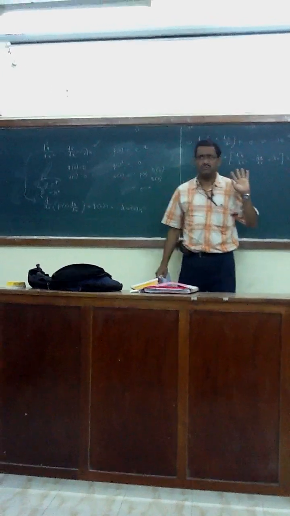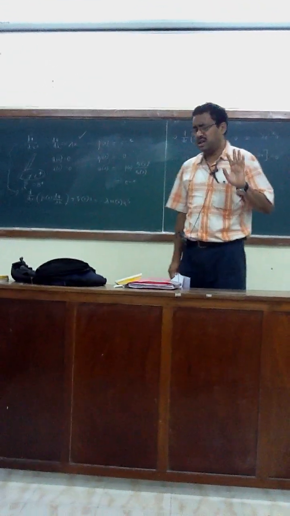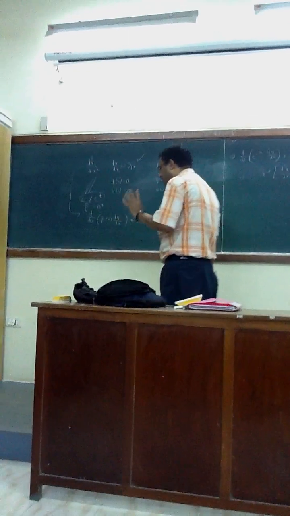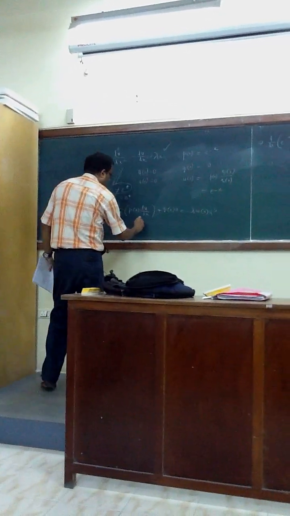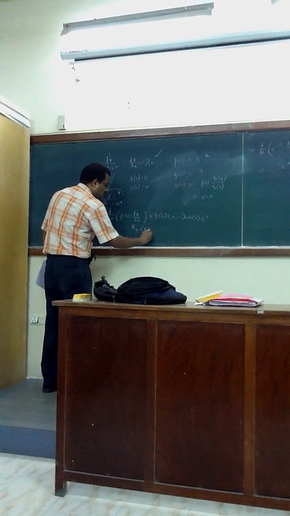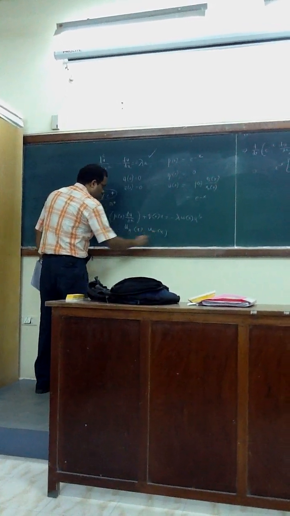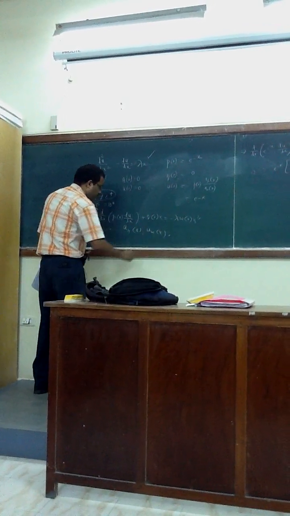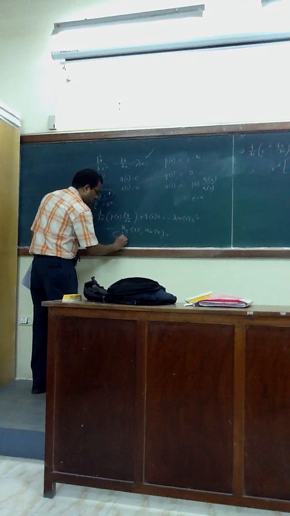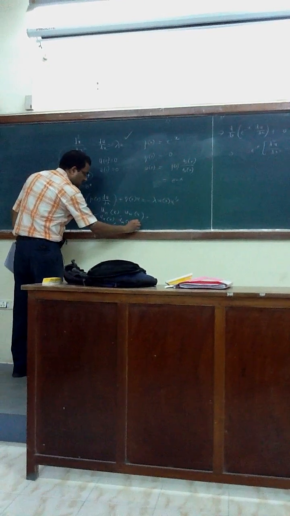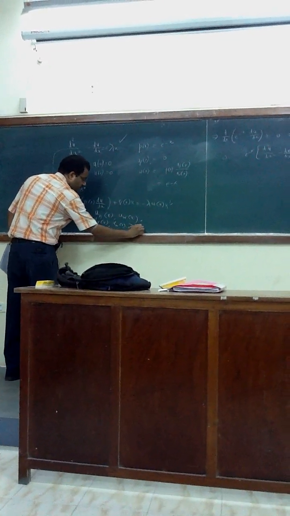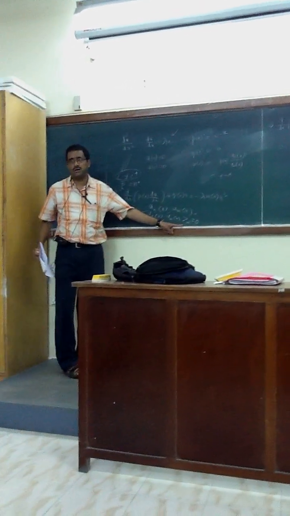Eigenvalues are real. They are non-negative. All those things are there. If there are two eigenfunctions, unx and umx, what is the orthogonality criteria? Weighted inner product.